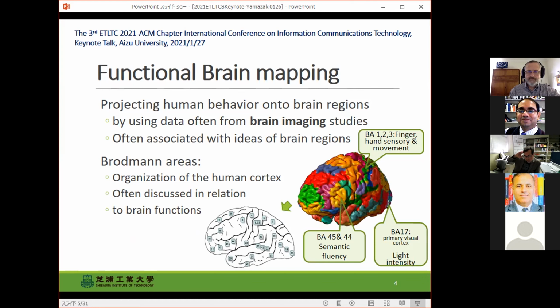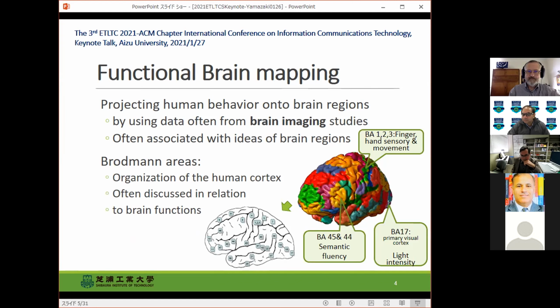Brodmann areas originated from the numbering of several cortices, numbered from 1 to 52, and there used to be maps of cortical areas according to the composition of the neural nerve system.